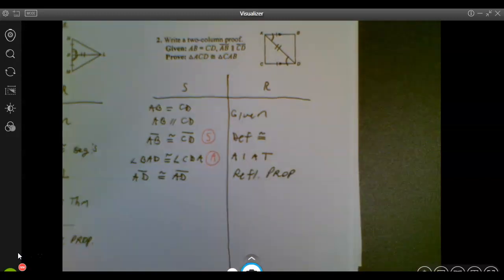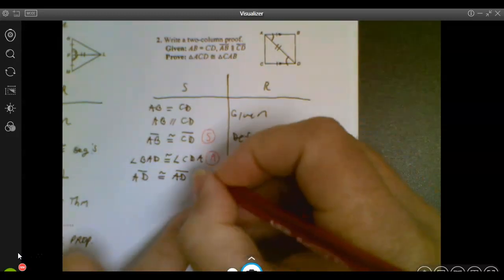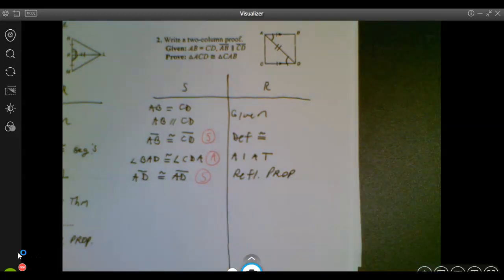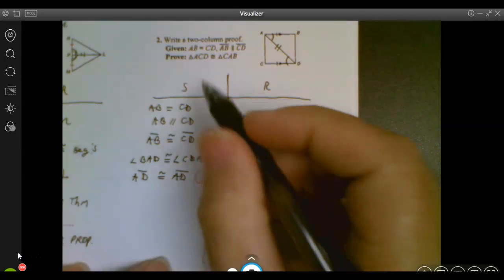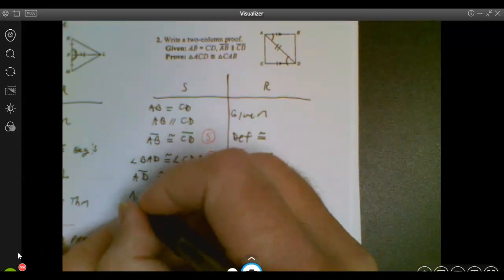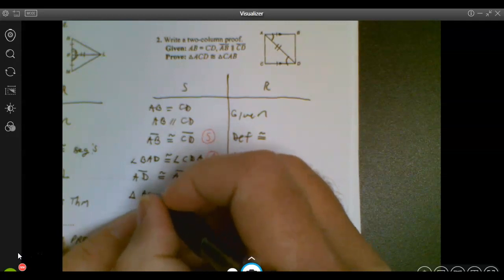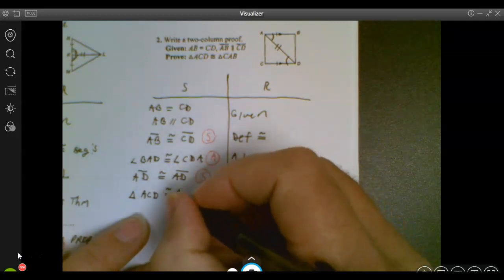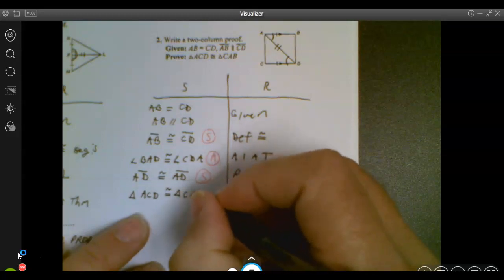So here is that information right there, and now clearly I can see within my proof and in my diagram that I have come up with the side angle side theorem. Therefore, triangle ACD is congruent to triangle CAB by SAS.